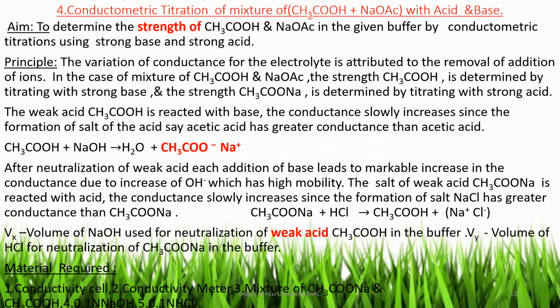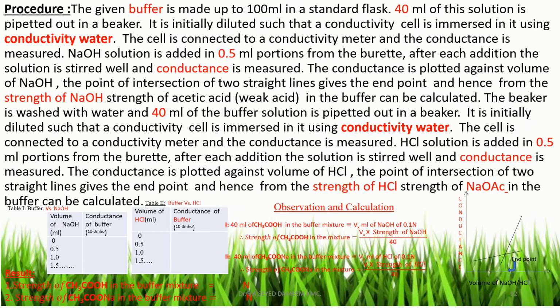These are about the principle behind the experiments. Materials required for the experiment: conductivity cell, conductivity meter, a mixture of sodium acetate and acetic acid buffer, 0.1 N sodium hydroxide and 0.1 N HCl. Next, the procedure of the experiment.